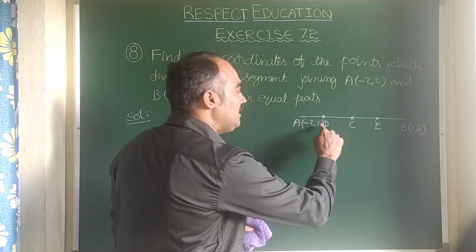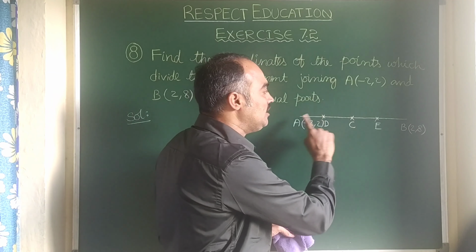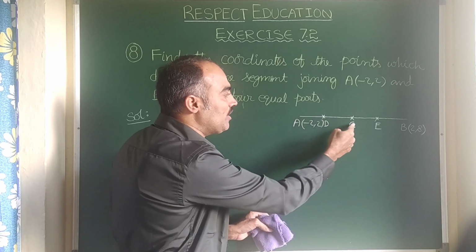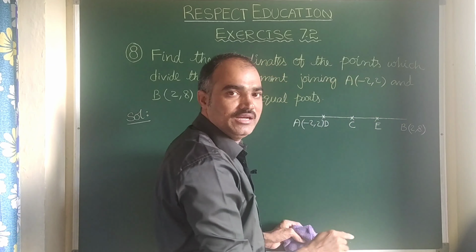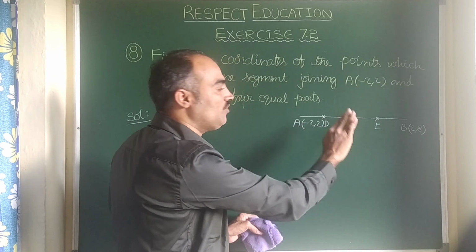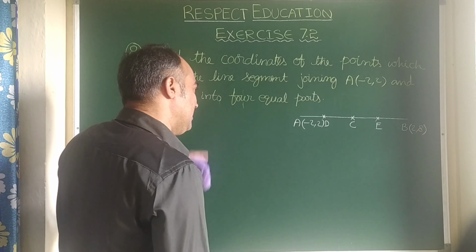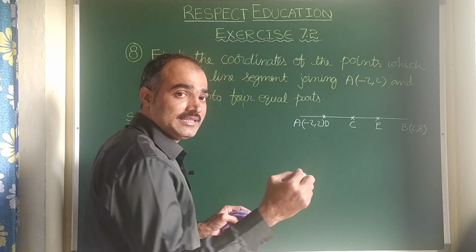Now we are going to find these 3 points, where the logic is: C is the midpoint of AB, D is the midpoint of AC, and E is the midpoint of CB. Based on the midpoint formula we can solve this problem easily. Actually there is another method also.